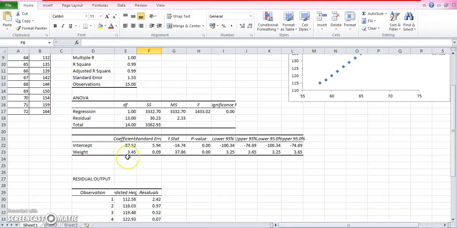The intercept is a, so now we have the equation y equals a plus bx. We know a is negative 87.52 plus b is 3.45x.